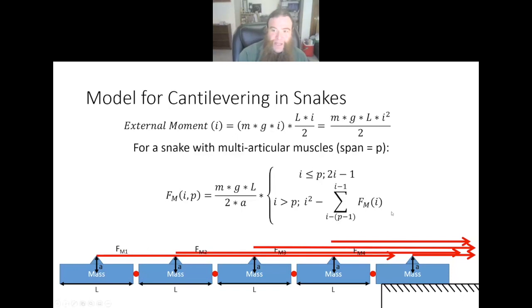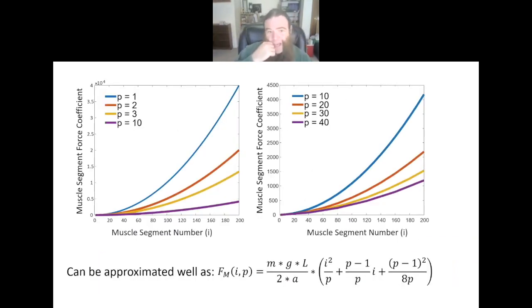But this is very tedious and annoying, so we make MATLAB do it. And so here's what we get when we throw it through MATLAB. On the left is for shorter spans, going from monoarticular, p equals 1, all the way up to 10. And on the right, we're doing much larger articulations, 10, 20, 30, 40. And we can approximate this reasonably well using this quadratic equation.